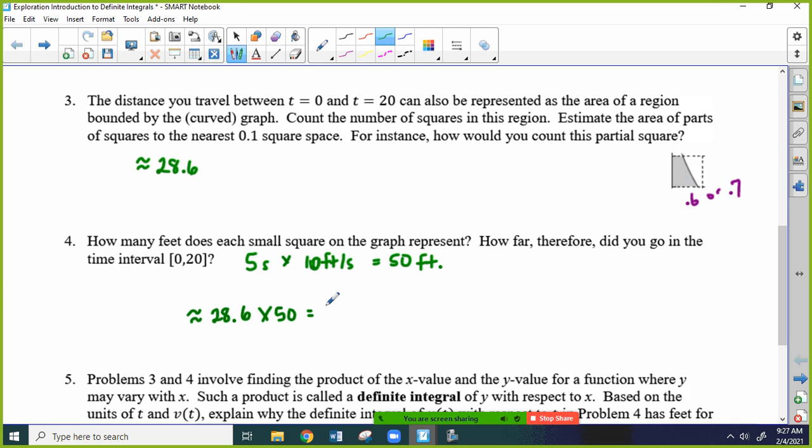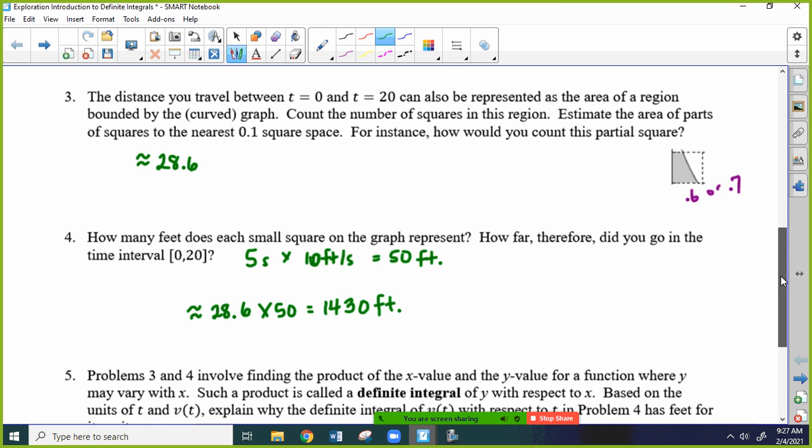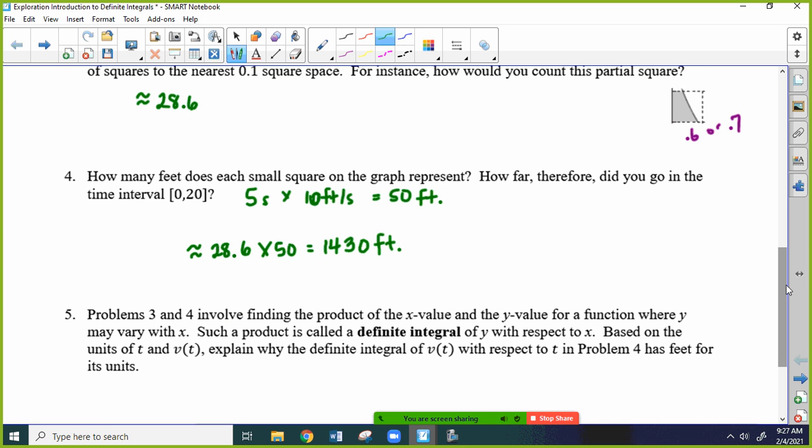But if you use the 28.6, remember that represented just squares. But then we multiplied each by 50 feet. That's going to give us 1,430 feet.